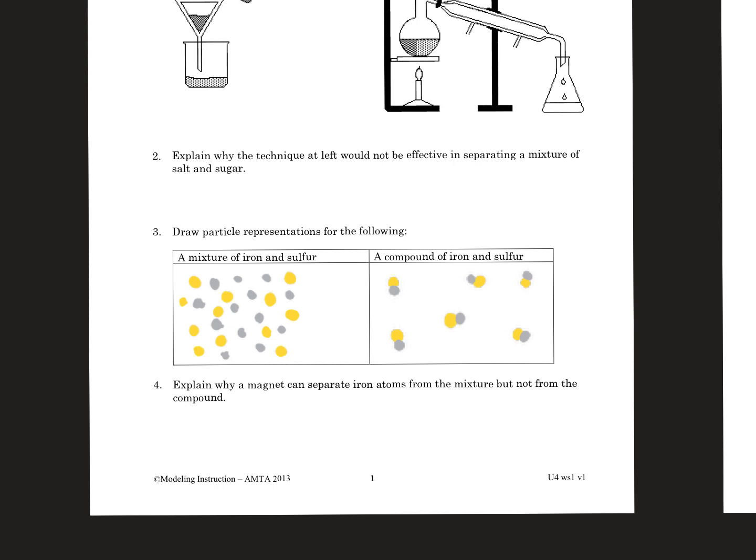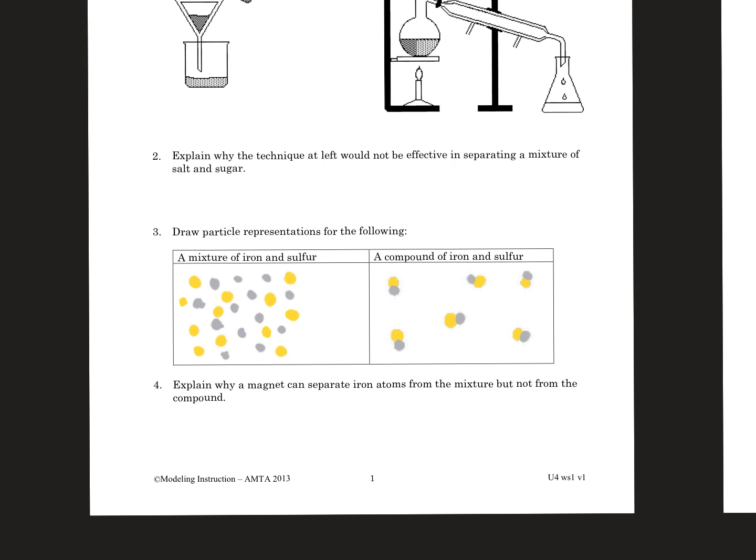All right, now as far as this number 4 explanation for why a magnet cannot separate these iron and sulfur particles, it's because iron on its own as an atom of iron is magnetic.